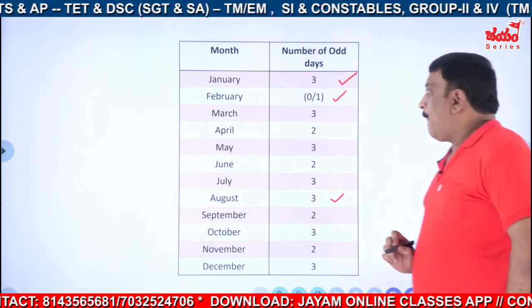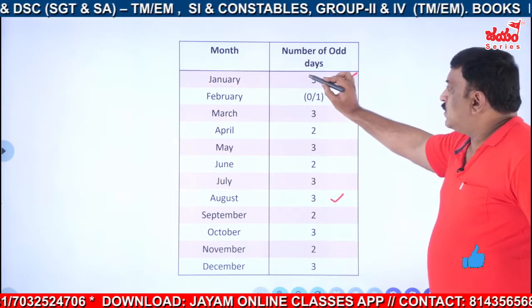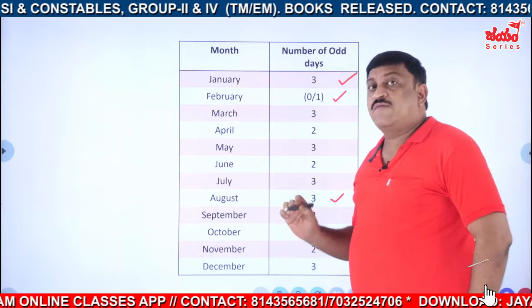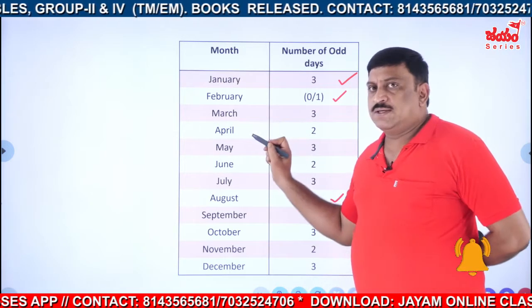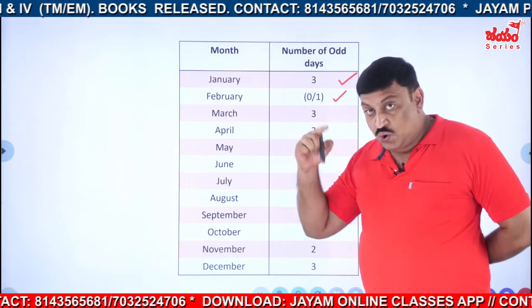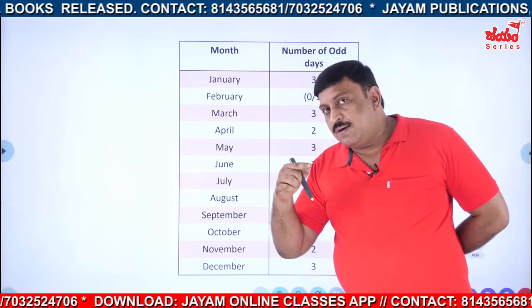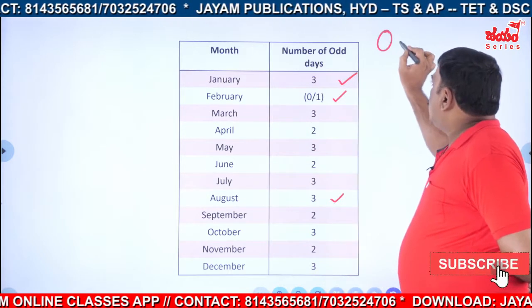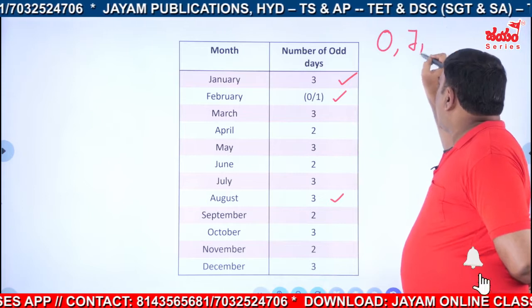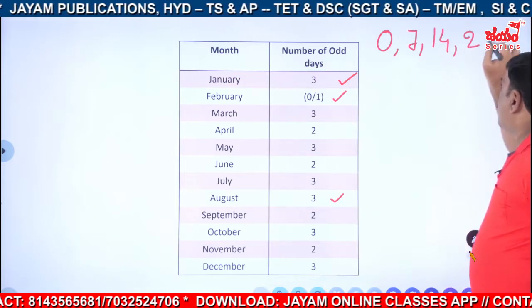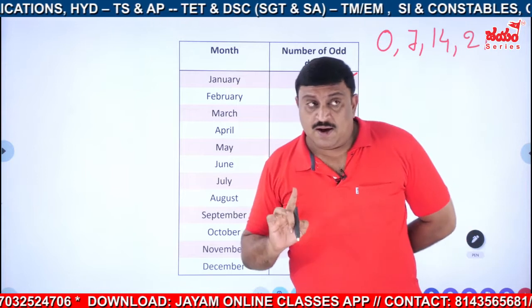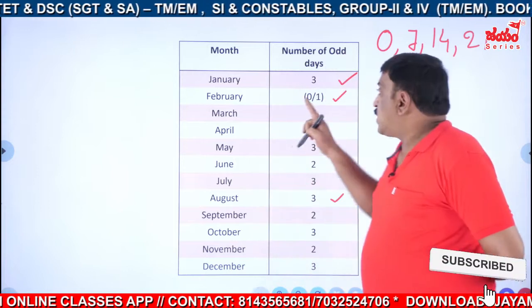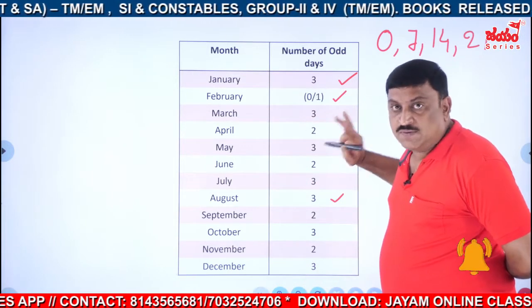Suppose in a normal year, if I start with March, between the months we need to get odd days as 0 or 7 or 14, multiples of 7. Definitely we can say those 2 months, the starting month and whichever month we have taken, are the same.